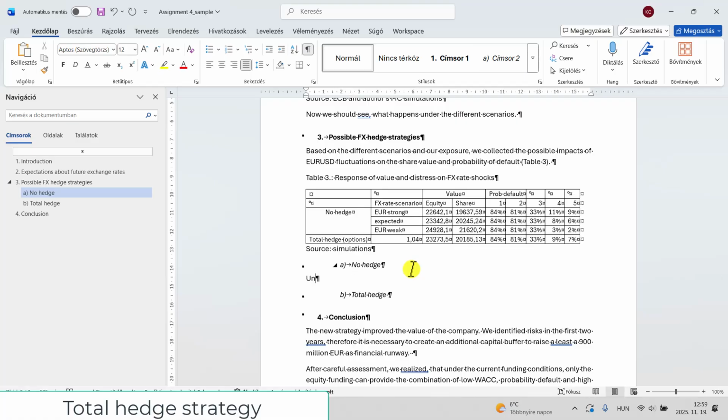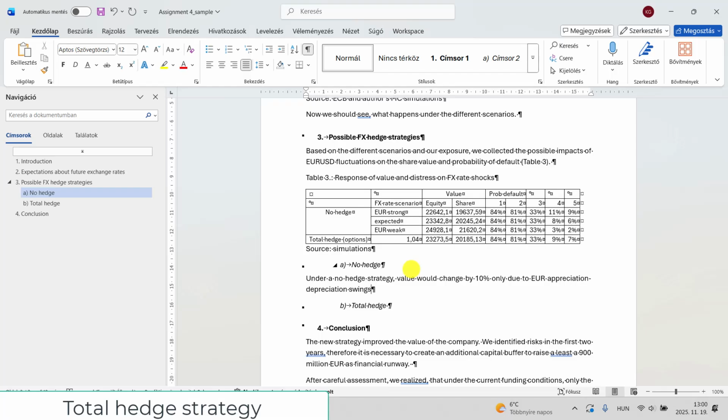So under a no-hedge strategy, the value would change by 10% only due to our depreciation swings, while corporate or financial distress was not affected.